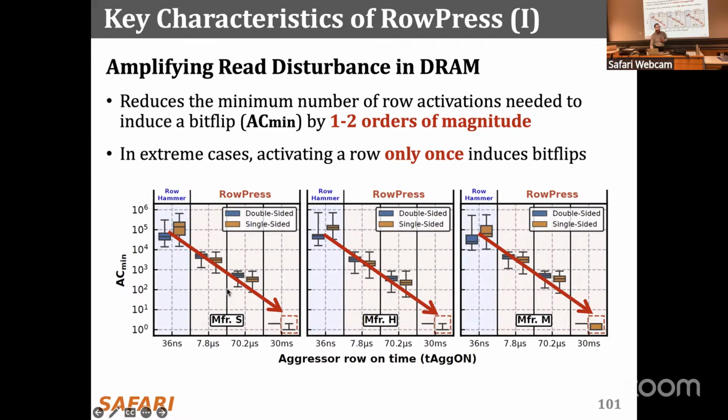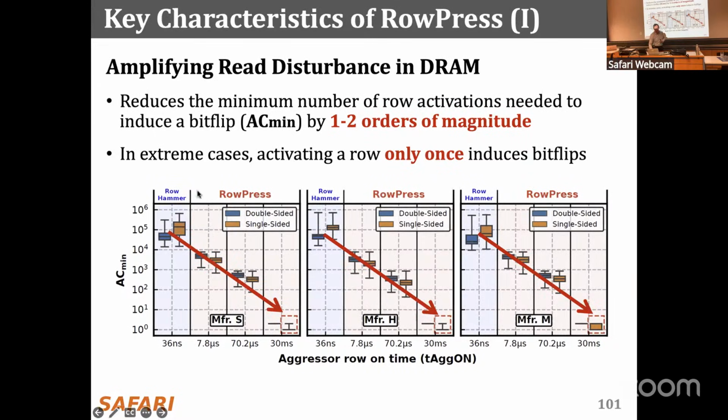You can see an order of magnitude difference over here. And if you keep the row active 70 microseconds, which is allowed by the standard actually, you get an order of magnitude more. And if you keep the row active 30 milliseconds, you get only one activation. You can have actually only one activation to induce a bit flip.